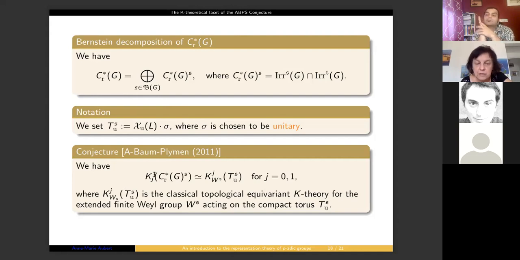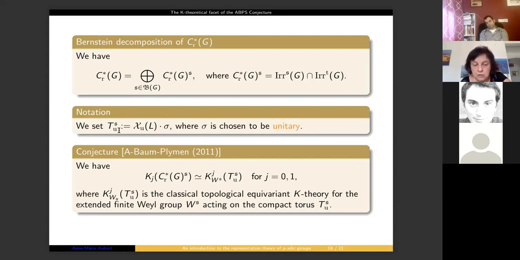So here we are looking at the K-theory of a given block of the C-star algebra attached to S. And we expect that this K-theory is isomorphic with K^{W_S} of T_{S,u}, where K^{W_S} is the classical topological equivariant K-theory for the extended Lie group W_S acting on the compact torus T_{S,u}.